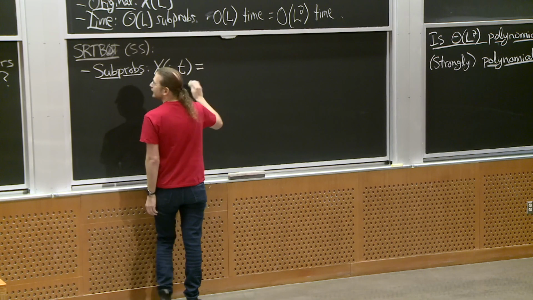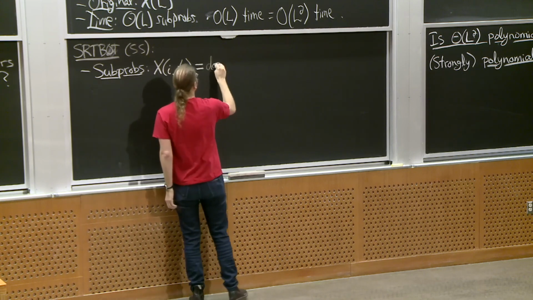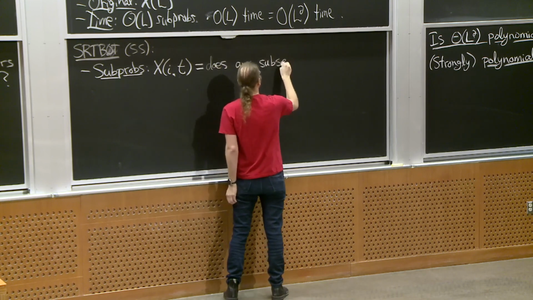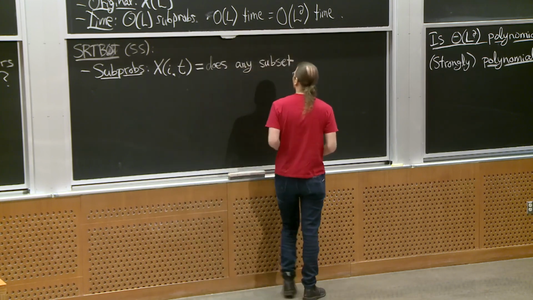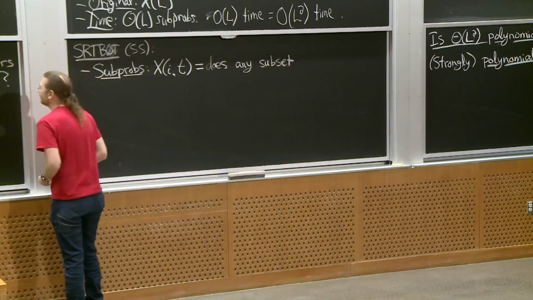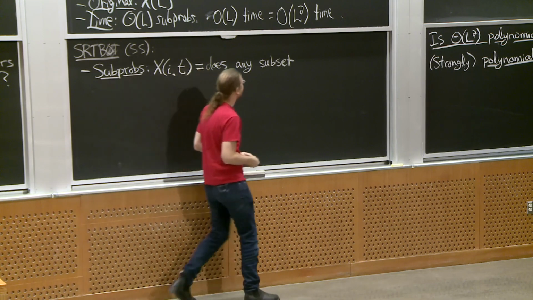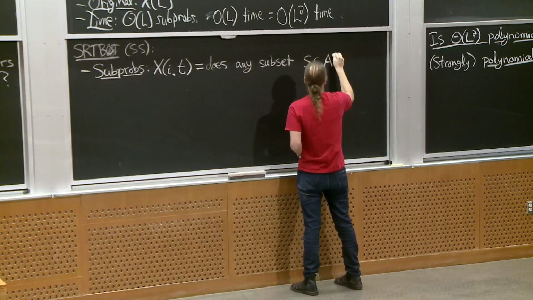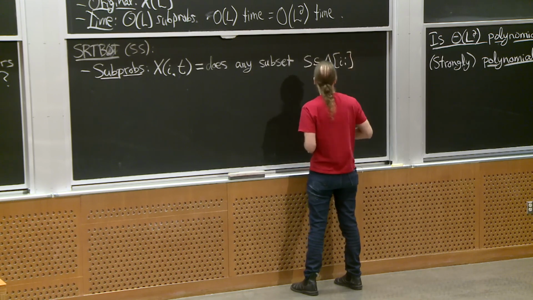So this is going to be: does any subset S of the suffix A from i onwards sum to little t? Remember, the most important thing is to define what your subproblems are. Don't just say it's the same problem but where I replace blah with blah. It can be very ambiguous.